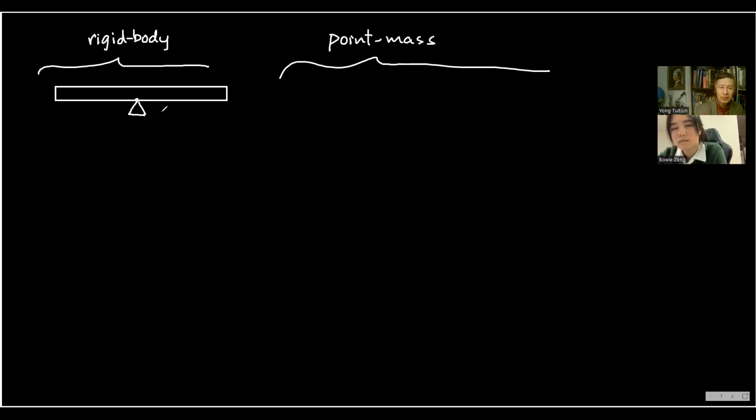If you put the mass at the middle point, if both sides are the same, they're balanced. However, if you put different weights at different positions, do you think they'll be balanced? No. But if these two masses are the same, it's balanced.